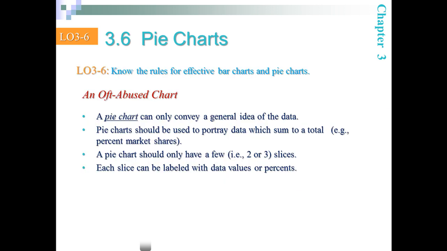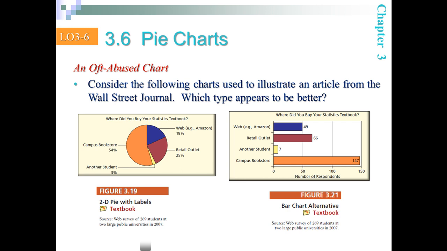And that brings us then to the pie chart. And the pie chart is generally not looked upon favorably because of several different reasons. The first one is that it's difficult for the human brain to look at a slice of pie and get an idea of what that percentage is represented by.